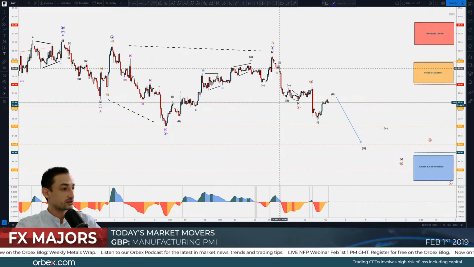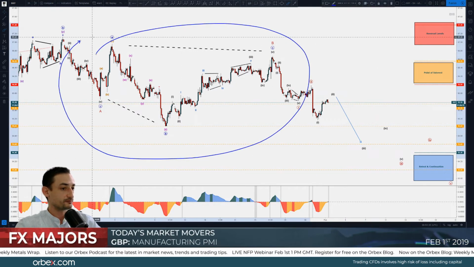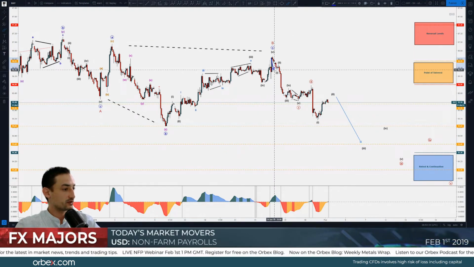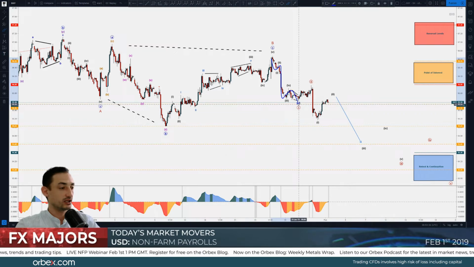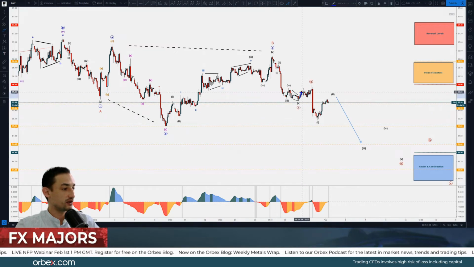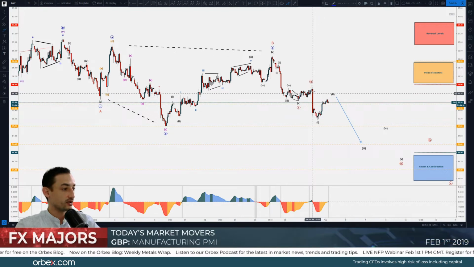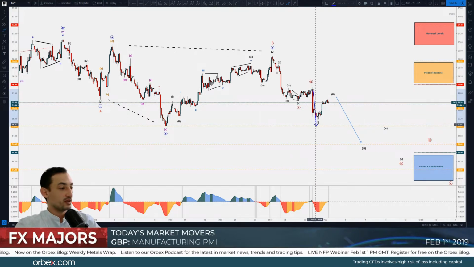Now, if this structure would be correct, then after it topped, it started a 5-wave sequence with an ending diagonal in the last leg, followed by a contraction in a wave 2 retracement, okay? And then it tanked on the FOMC.